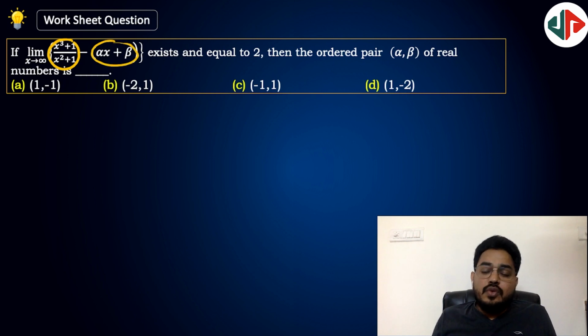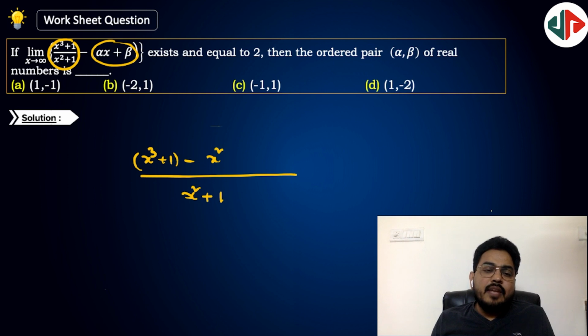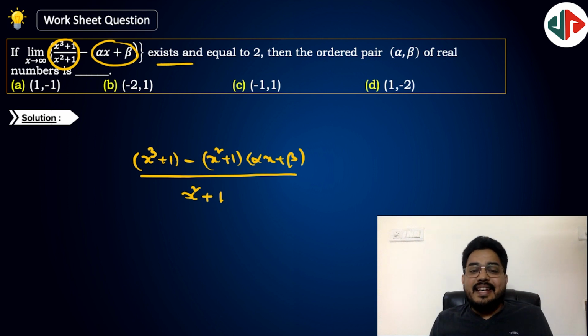So you need to take them together: the denominator is going to be x square plus 1, numerator is x cube plus 1 minus x square plus 1 into alpha x plus beta. This exists and is equal to 2, they are saying.